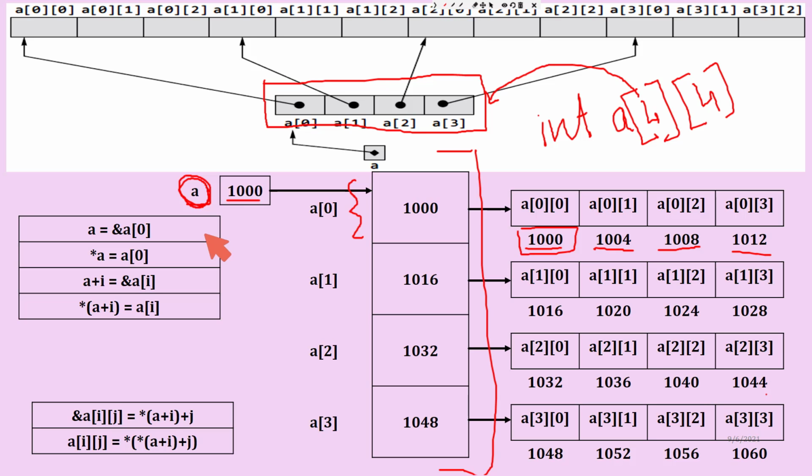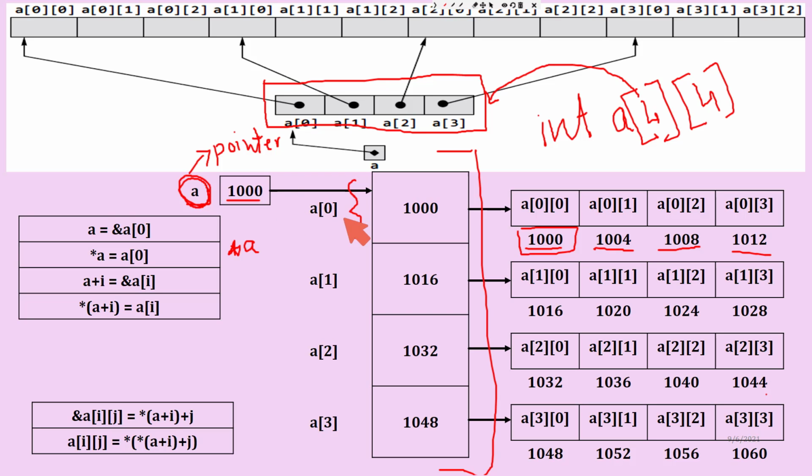Okay. So just look at A. What will be the value of star A? A is also a pointer. You have to understand that. What will be the value of star A? 1000. Star A is 1000.